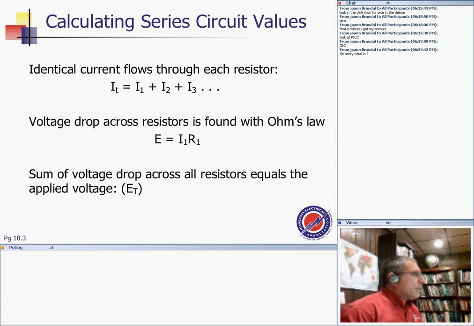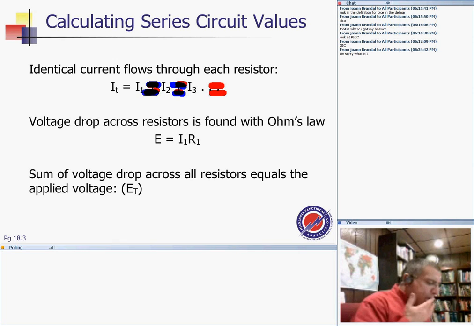In a series circuit, the current flowing through each resistor should actually be equal, guys. That's a mistake here. These should be equal. This is not a sum. Please correct that one. I don't think you have it right in your book.